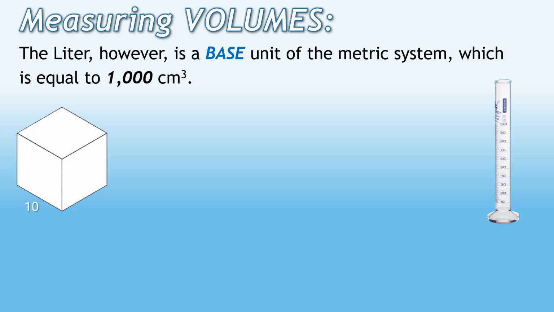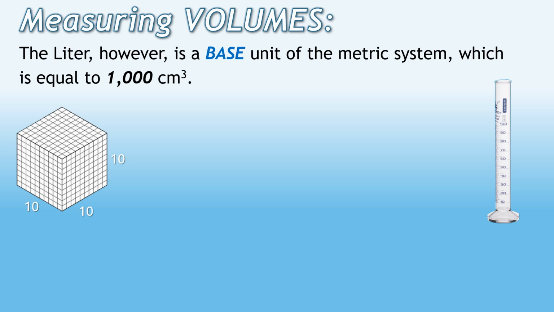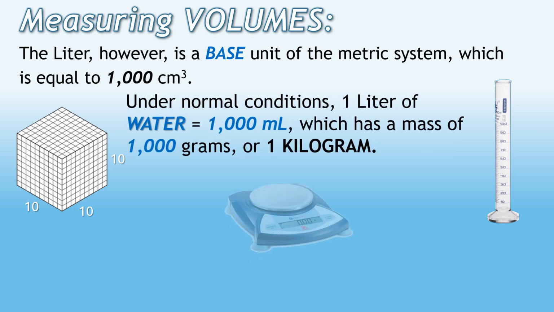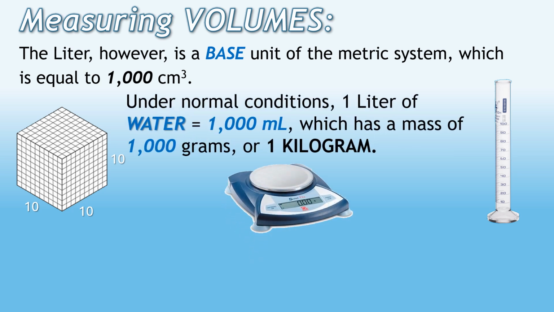Then it's going to be 10 times 10 times 10, which is, of course, 1,000. Now we can see that this is a cube made of 1,000 cubes. Each one of those cubes is 1 cubic centimeter, but there are 1,000 of them. And so that 1,000 cubic centimeters equals 1,000 milliliters, which is the same as 1 liter of water.